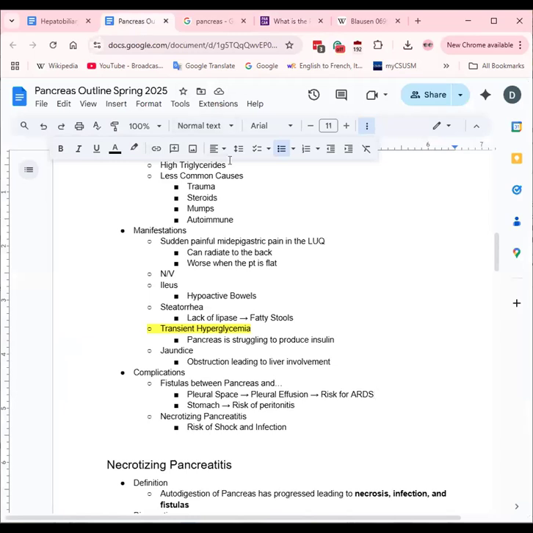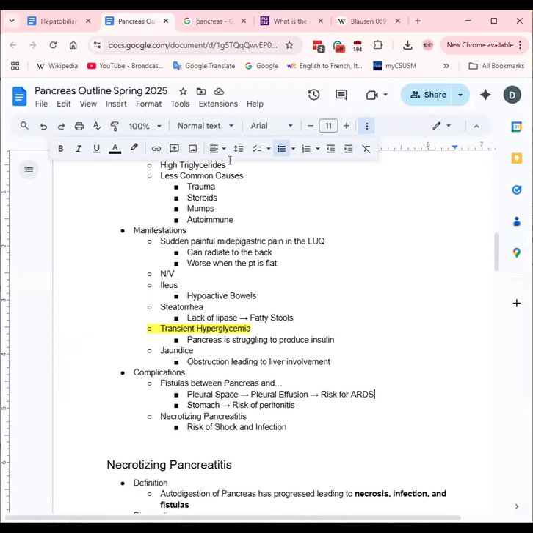Having a fistula between the pancreas and the stomach means you have the risk of all this built-up stuff, bacteria, making its way into this system where it doesn't belong, and then you have risk of infection.